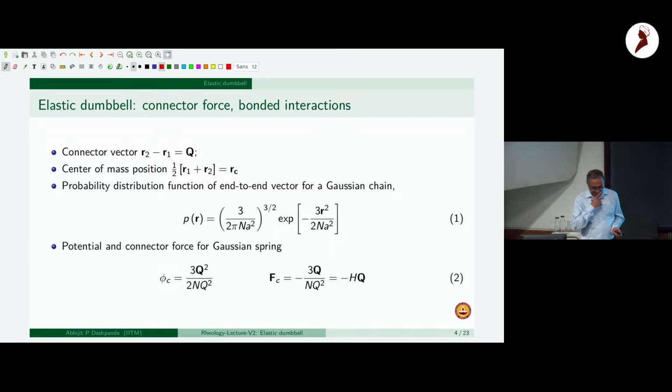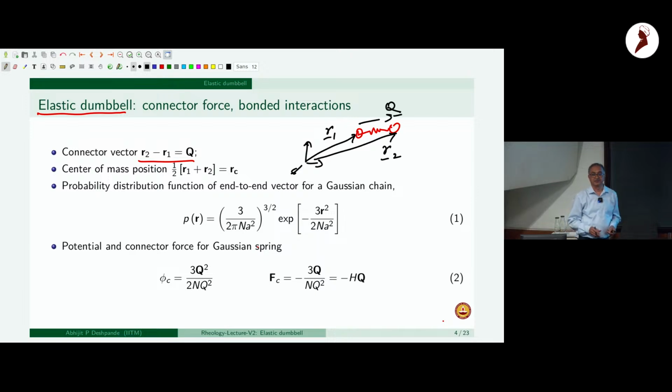So we denote the elastic dumbbell through a connector vector. In some coordinate system, we have R2, the position vector of the first bead, R1, the position vector of the second bead, and therefore the connector vector Q. This connector vector Q tells us about the orientation of the molecule, and also about the stretch of the molecule.